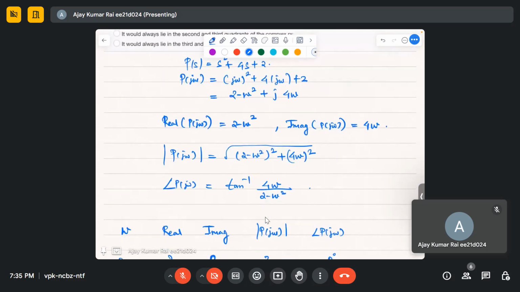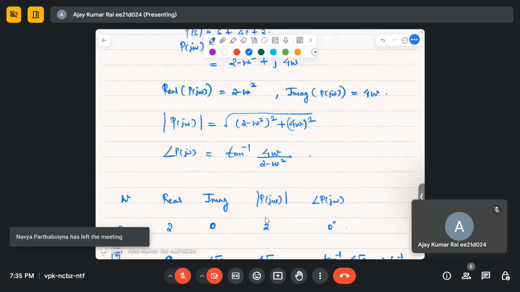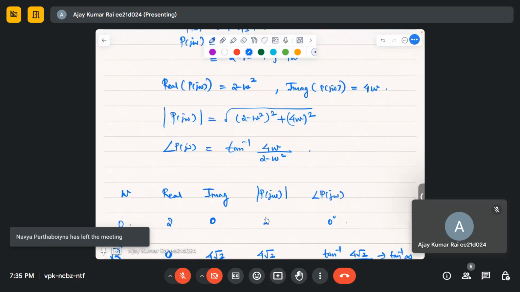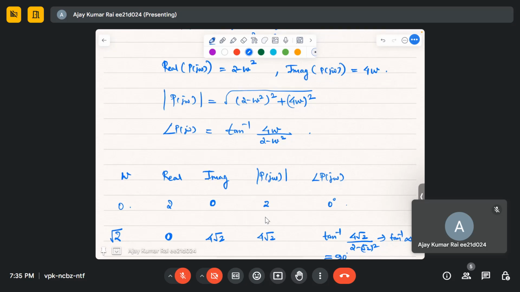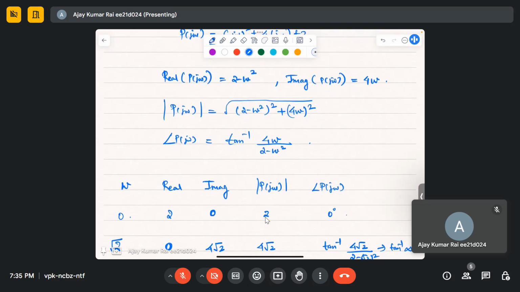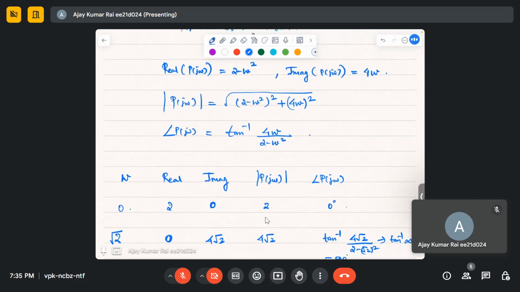What is the real part? 2 minus omega square. Okay, so it's like 2 minus infinity square, which is minus infinity, right?